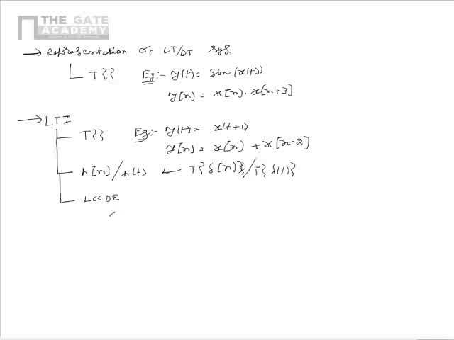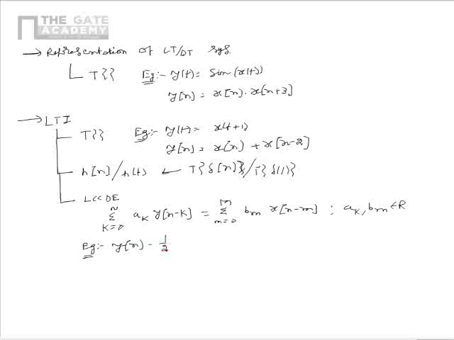The general form of the same can be written as sigma k equal to 0 to N, a_k into y of n minus k is equal to sigma m equal to 0 to M, b_m multiplied by x of n minus m, where a_k and b_m belong to R. For example, y of n minus half multiplied by y of n minus 1 is equal to x of n plus 1 by 3 x of n minus 1.